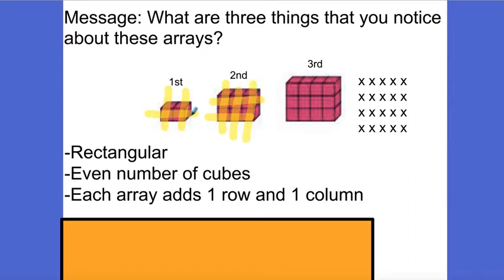So there was 1 row here, 2 rows here, increased by 1. This had 2 columns here. This has 3 columns, so the columns increased by 1. So if there's 2 rows on this one here, there's going to be 3 rows at the next one, rather. And since there were 3 columns here, there's going to be 4 columns here.